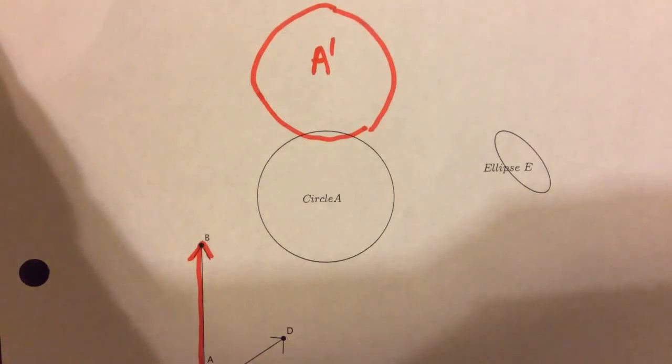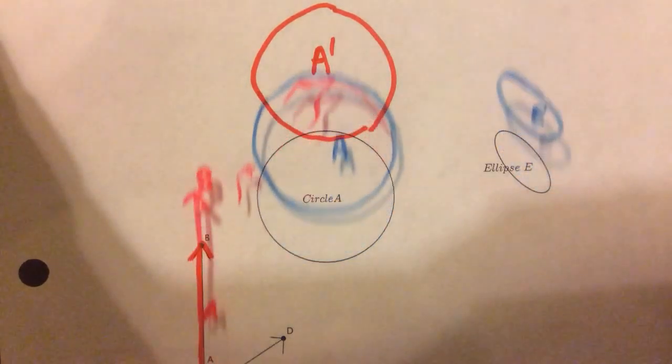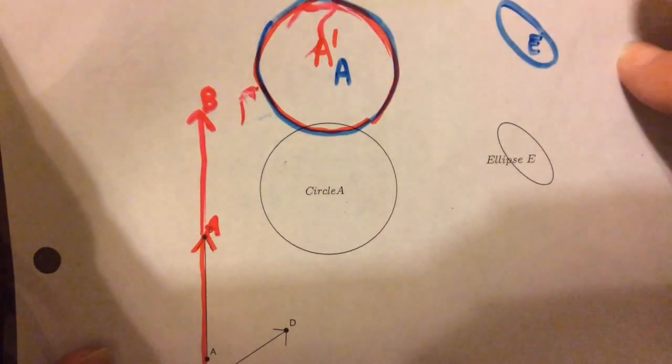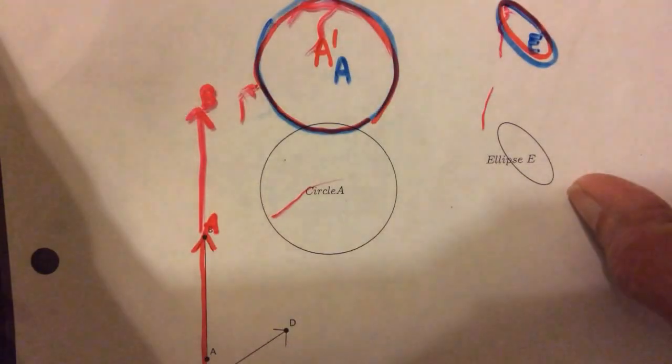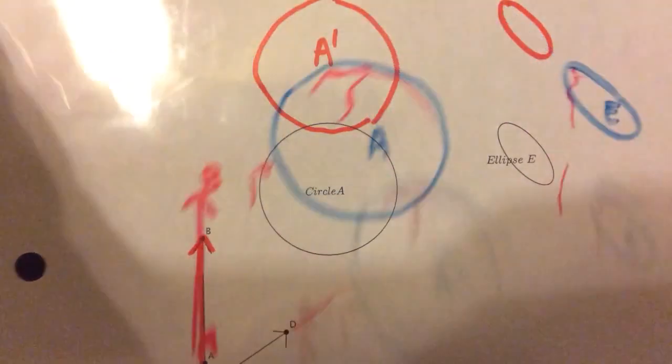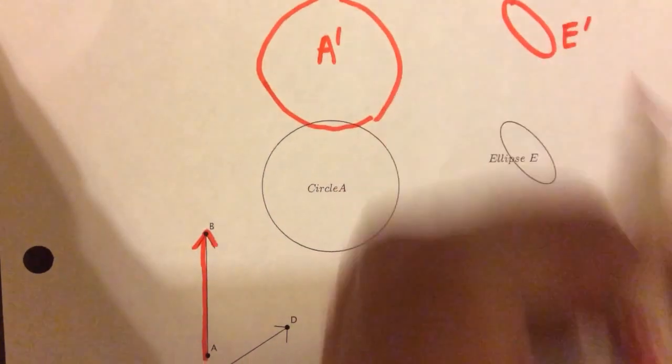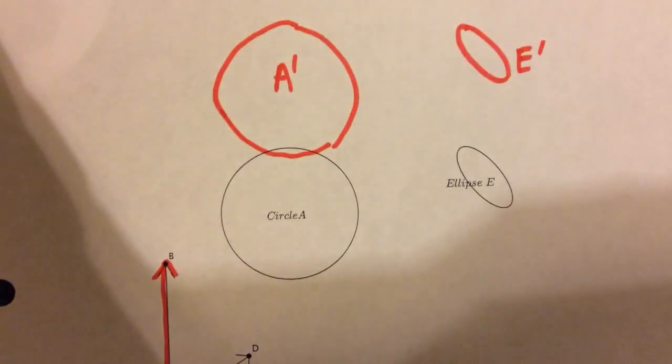Translated figure A, call it A prime. Okay, and now we are going to translate, let's get our ellipse on there. Doesn't have to be beautiful. Okay, so there we go. So there's the A prime, and translated ellipse is E prime.